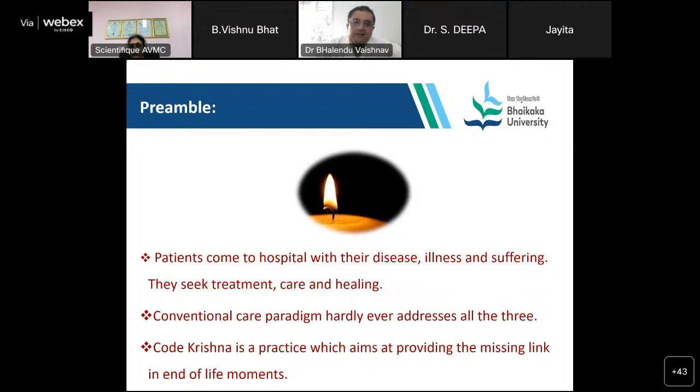And they seek treatment for disease, care for illness, and healing for their suffering. Now, the conventional care paradigm hardly ever addresses all the three. We may be good in one or the other, but not all three. And Code Krishna is one practice which aims at providing the missing link to connect the three in end-of-life moments.